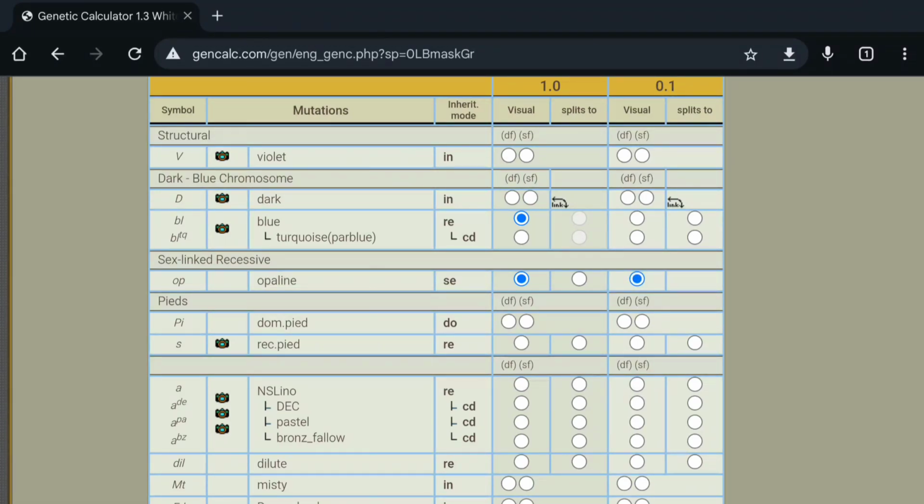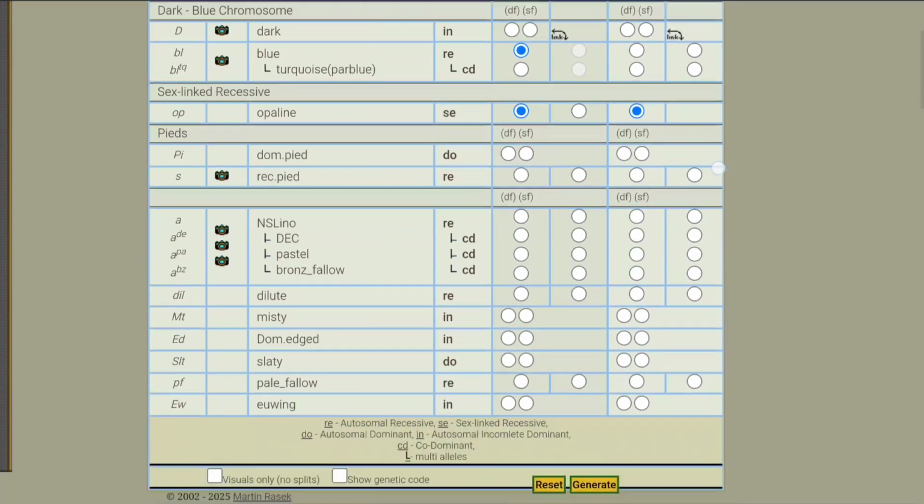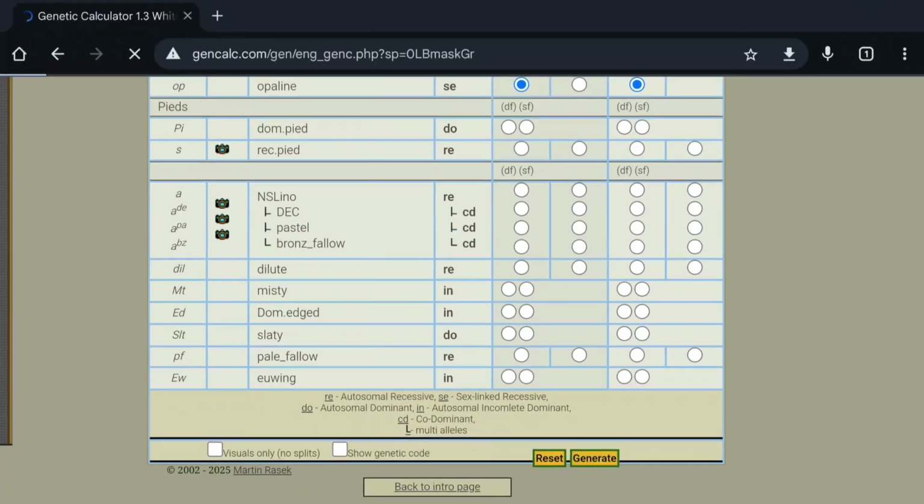When you want to fill up green opaline, I told you initially that you don't have to select anything for a green bird, but you know green opaline has, apart from being green, a mutation which is opaline. So you need to select the opaline. For the female we have green opaline and for the male we have blue opaline, and we generate the results.